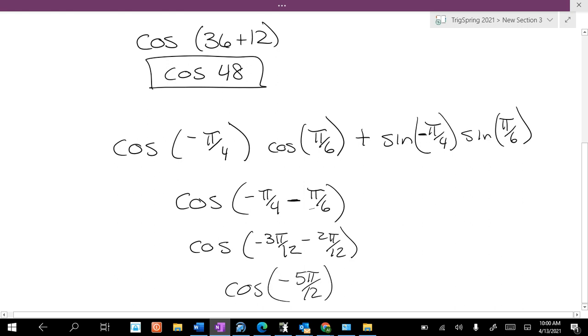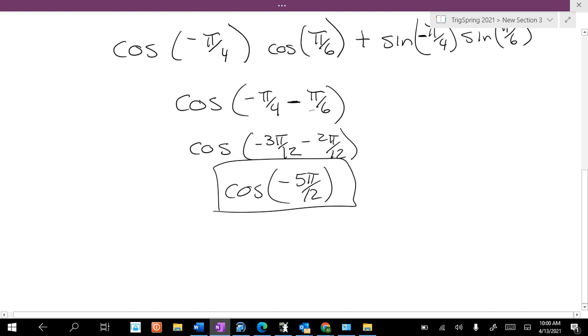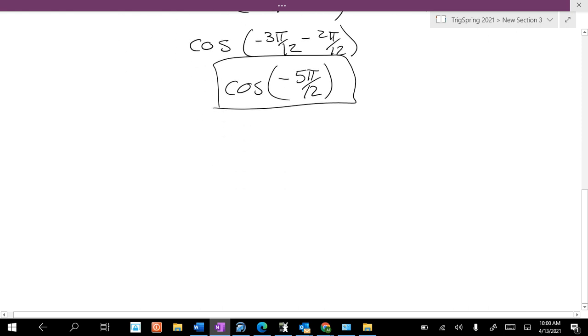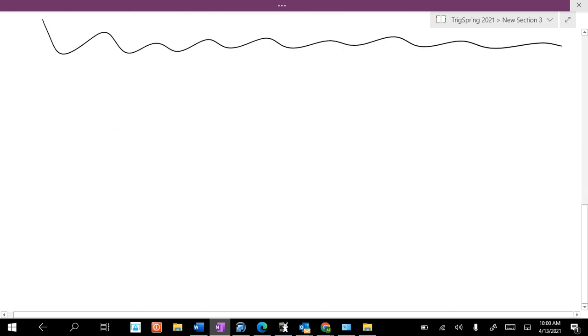So this is what we're working towards on our first section, okay? Then we'll work on the sine of 40 degrees.